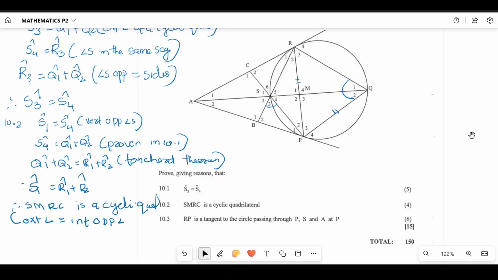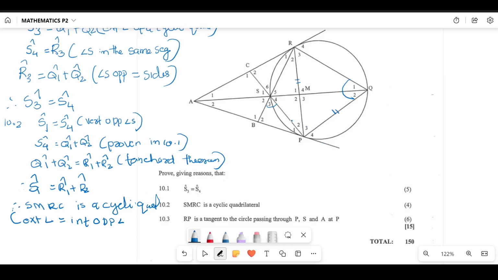Okay, let's go to 10.3. Prove that RP is the tangent to the circle passing through P, S and A at P. There is a circle passing through P, S and A, and you have to prove that RP, this line, is a tangent to the circle here.